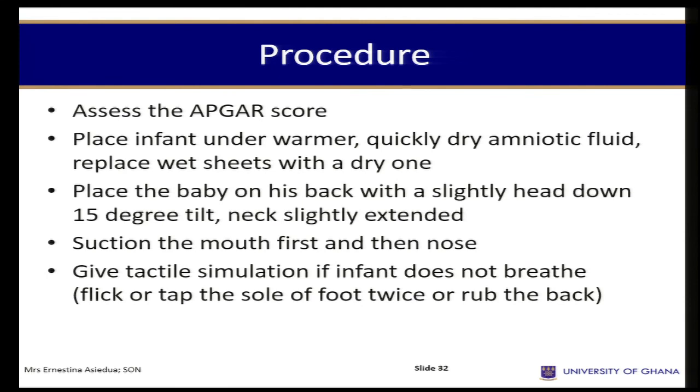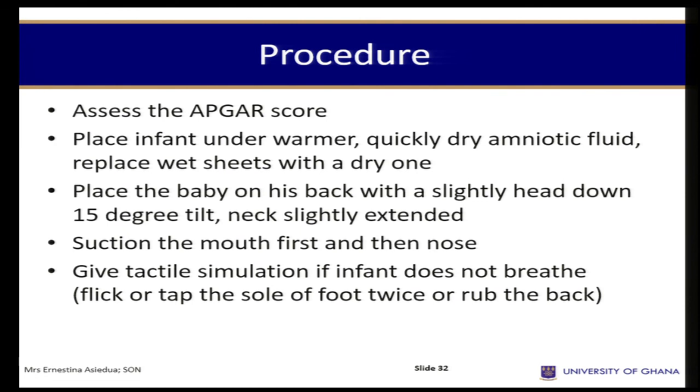Now we are saying that this baby was born and wasn't able to initiate respiration or sustain the respiration. So at birth we did our Apgar score assessment, realized we had some asphyxia. After assessing the Apgar score, you place the infant under a warmer and you quickly dry the amniotic fluid.